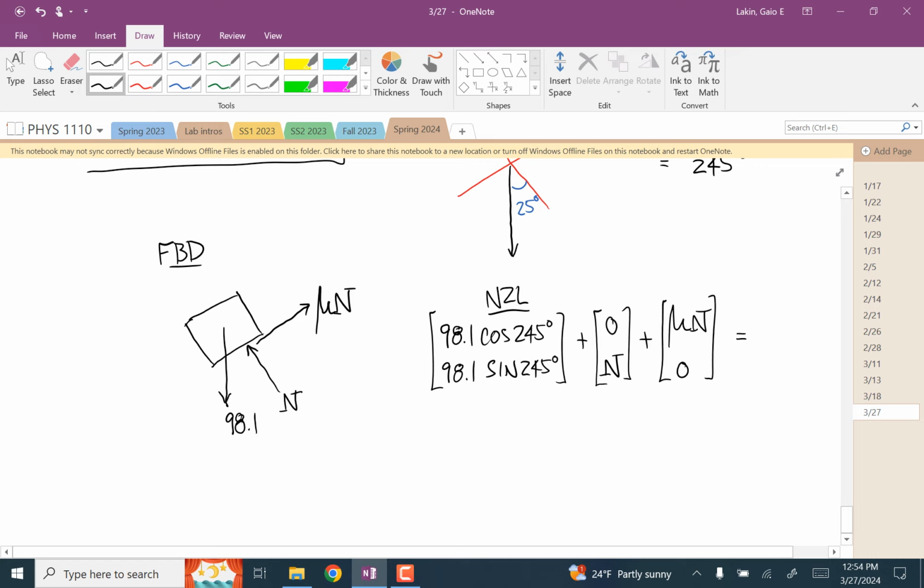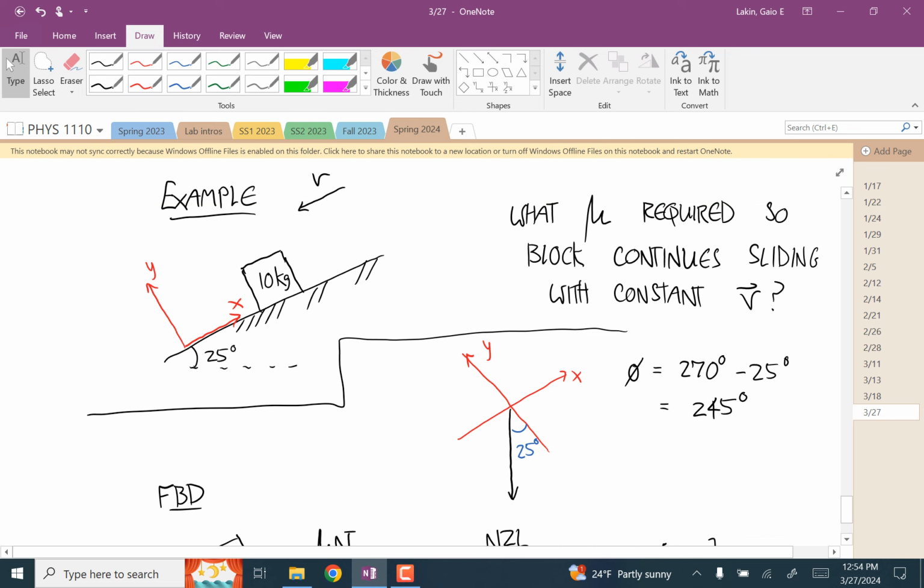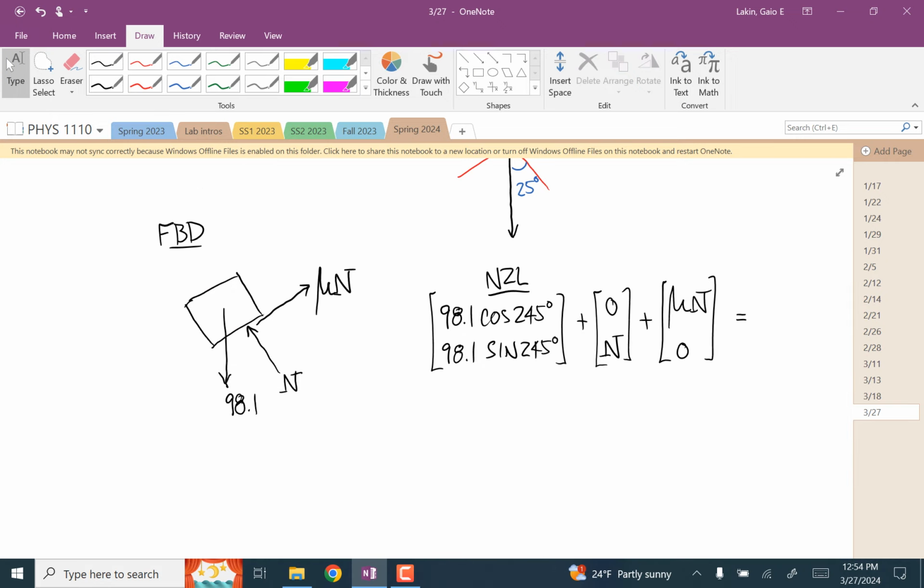And that's equal to the mass times the acceleration. If this is moving with a constant velocity, we want to figure out what mu has to be for this to move with a constant velocity. What does that mean the acceleration is? 0. Yep. Acceleration is how quickly the velocity is changing. So 0 acceleration is the same thing as constant velocity. So this is just going to be the mass times 0, 0.